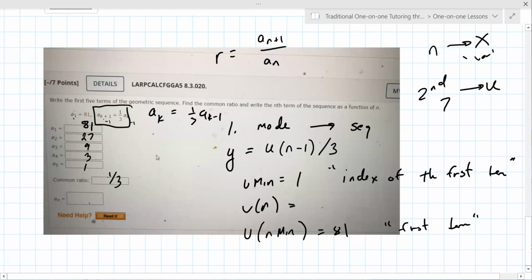And then you write the formula. The formula is a1 times 1/3 to the n minus 1 power. That's the standard formula for geometric sequences: a_n equals a1 times r to the n minus 1 power, and your common ratio is r.